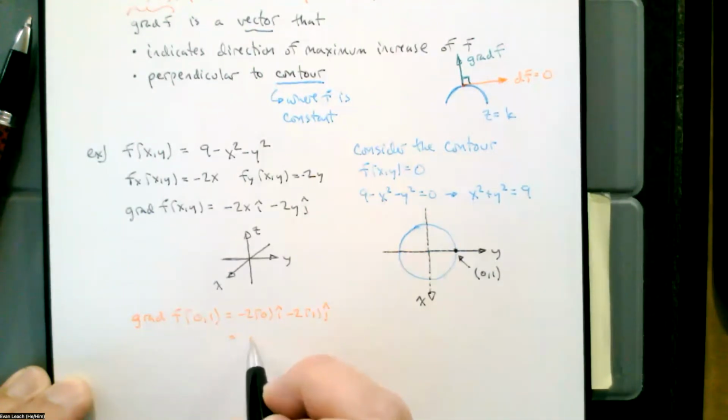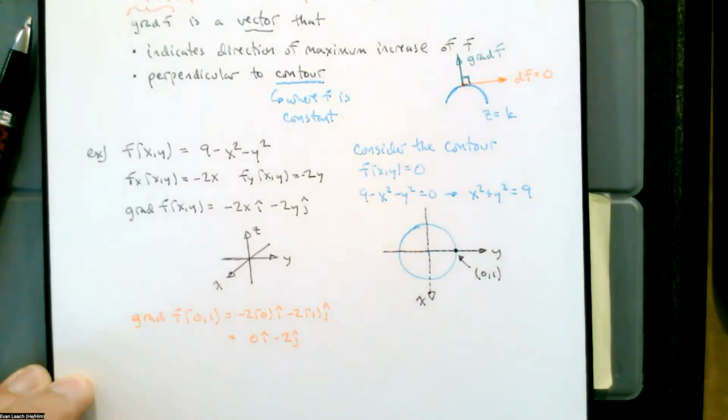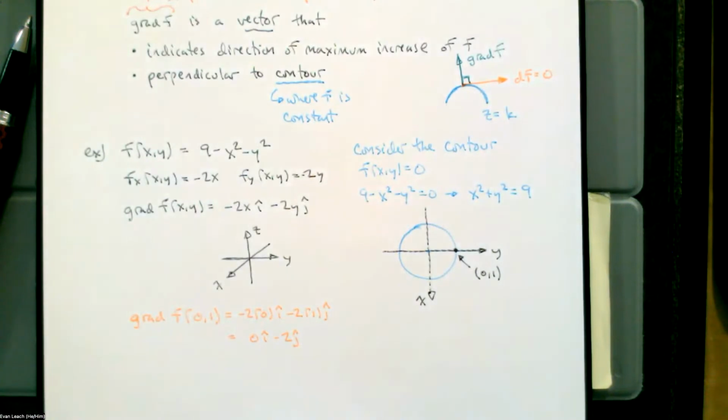So 0i minus 2j. So this vector, 0i minus 2j, is going to point towards the origin.